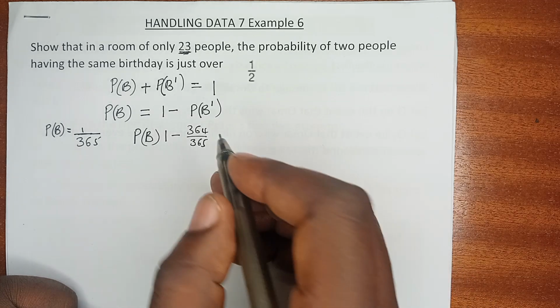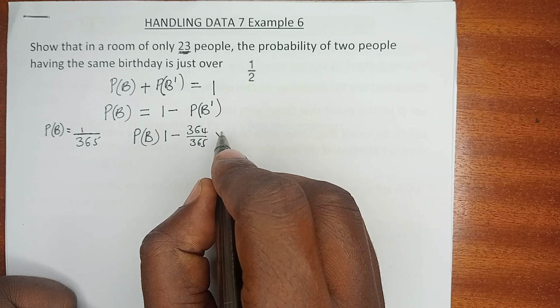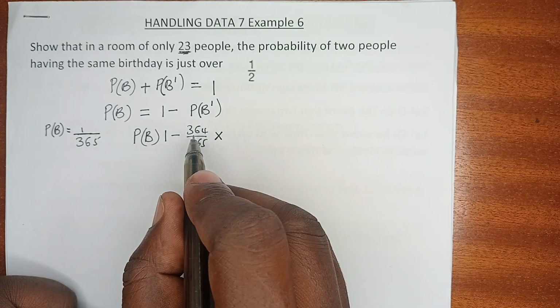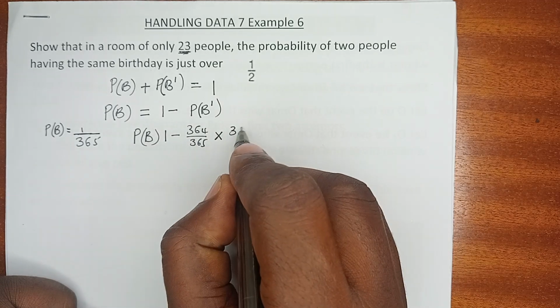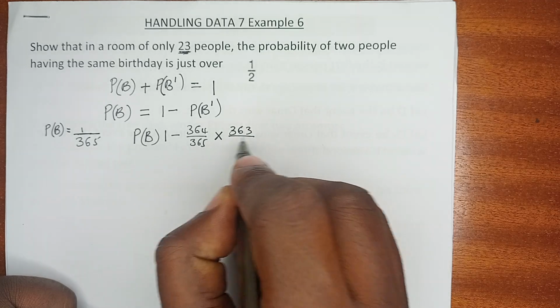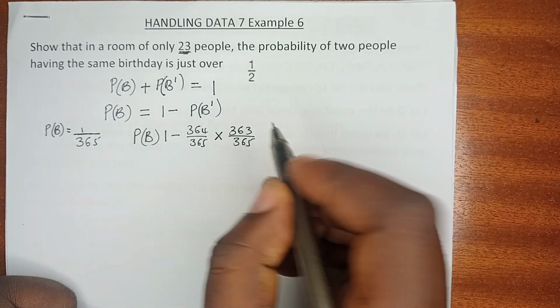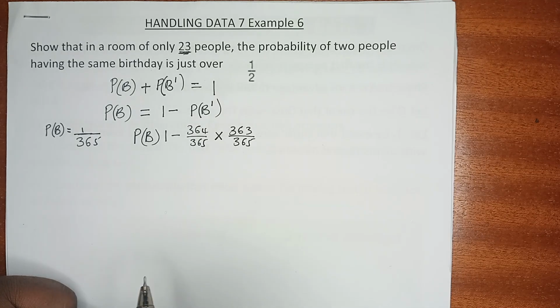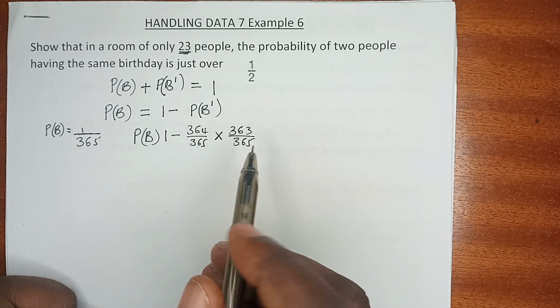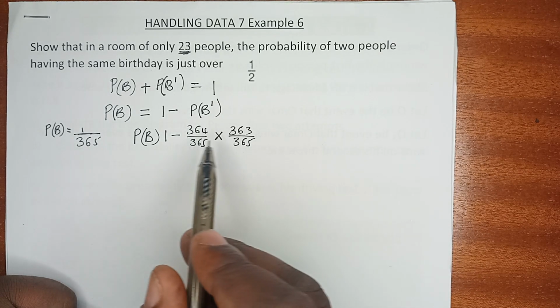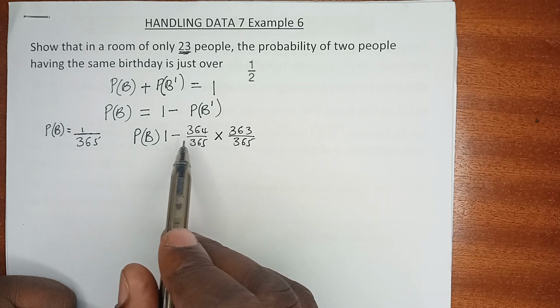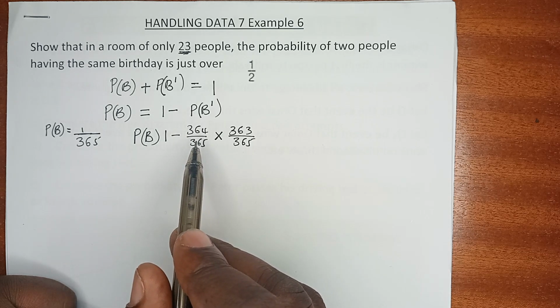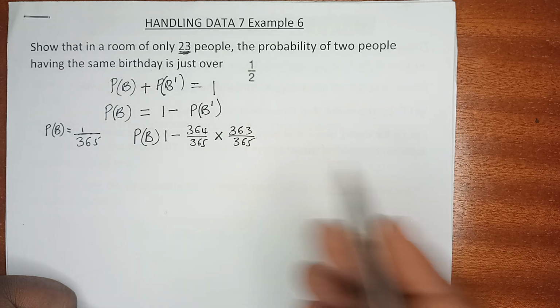And the probability that even that guy does not share the birthday with any of the two is 363 out of 365. What does this mean? This means to avoid sharing the birthday with either the first or the second, who have taken two specific dates.